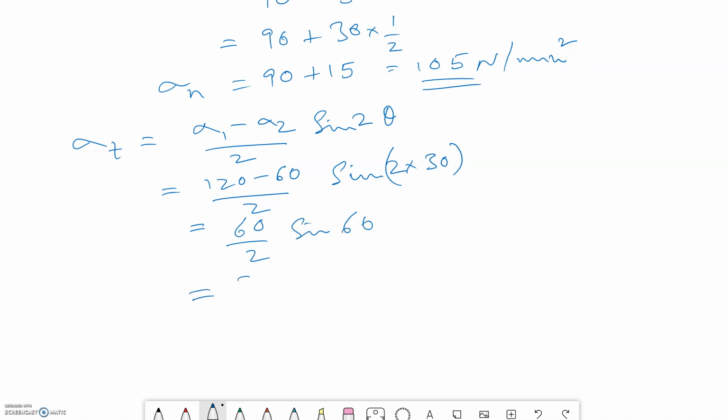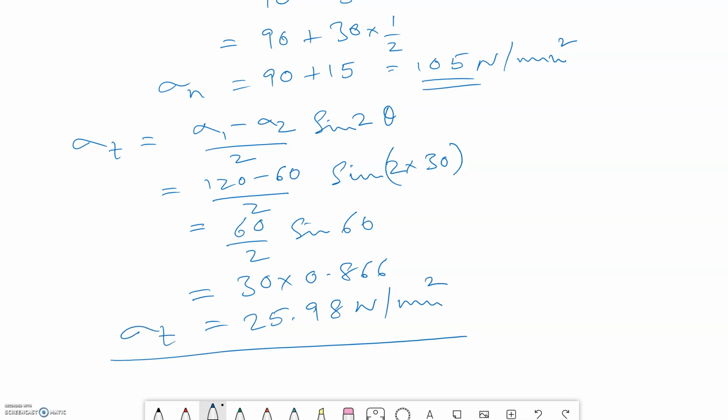So this is 30, sine 60 is 0.866. So your answer will be 25.98 Newton per mm squared, sigma t. All right, so you've got your two answers.